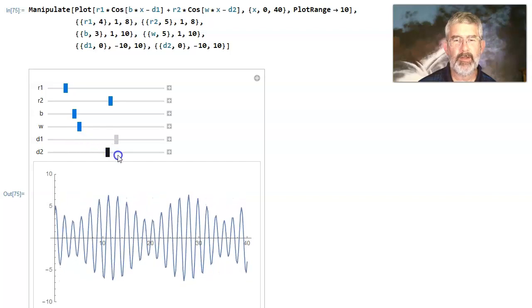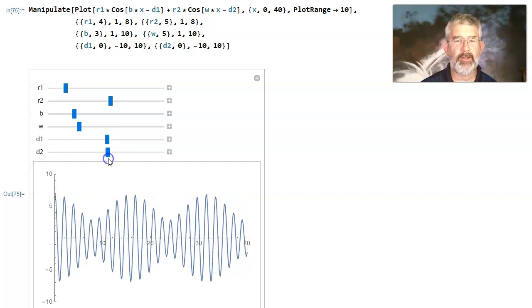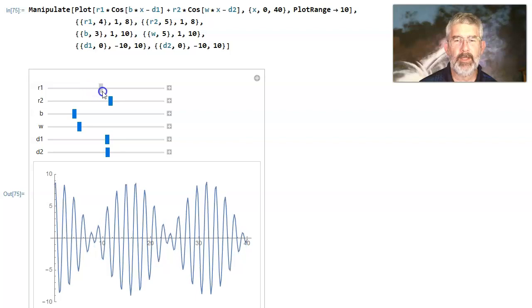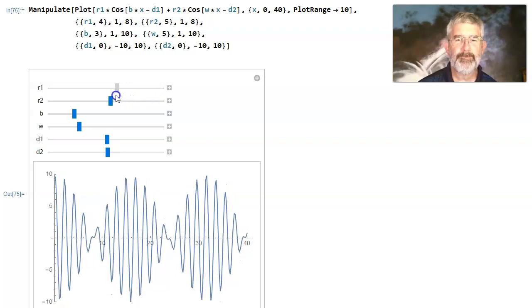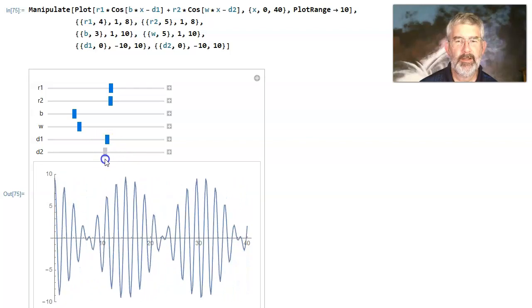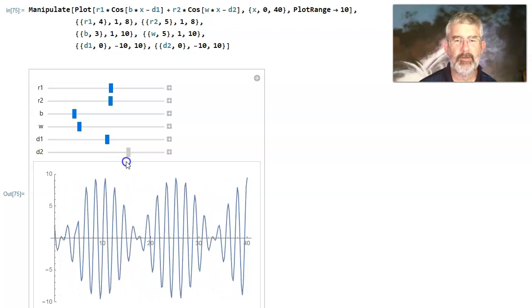Okay. So that was one thing I wasn't completely sure of before I started this, as to what was the effect of these different parts, the shifting versus the amplitudes. And it's the amplitude really that is making it so that the beat does shrink down to an amplitude of 0, or if they're different, then it does not. But the shifting of the individual cosine curves doesn't change the shape of the beat.